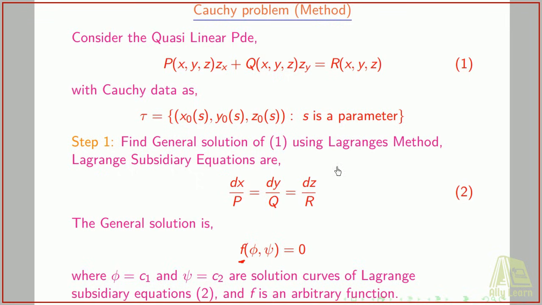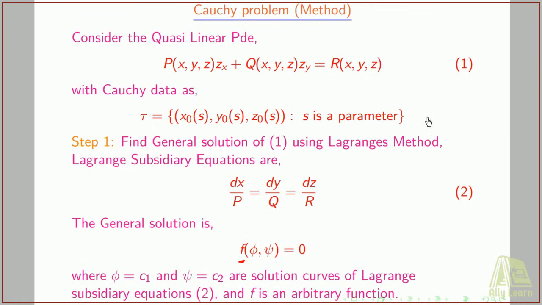Okay friends, so this was my first step, which is very simple because we have already covered it in previous lectures. We have seen how to find the general solution of a quasi-linear PDE using Lagrange's method.